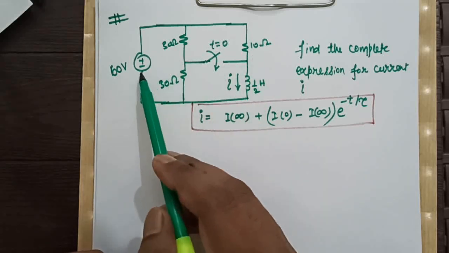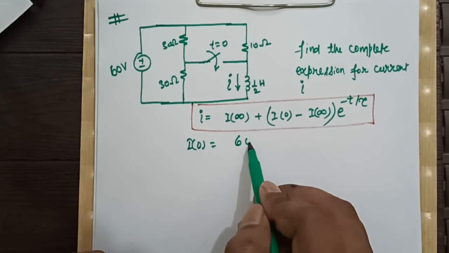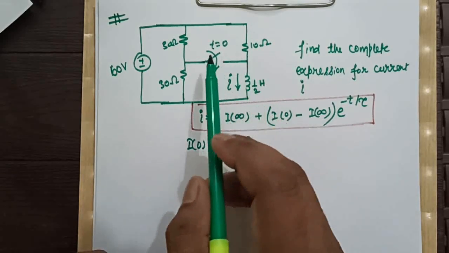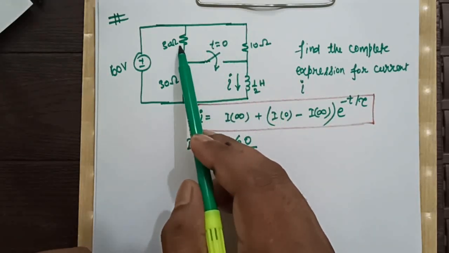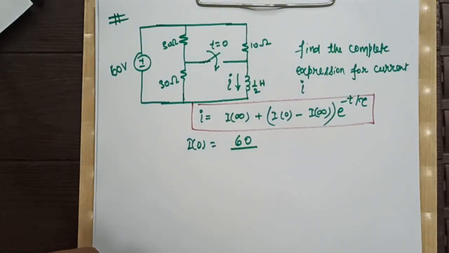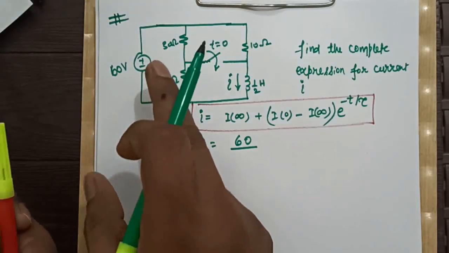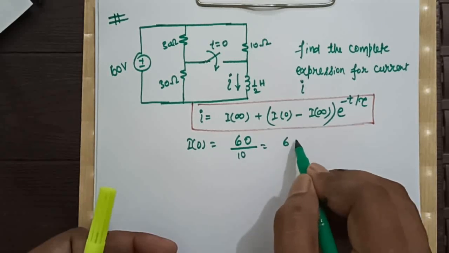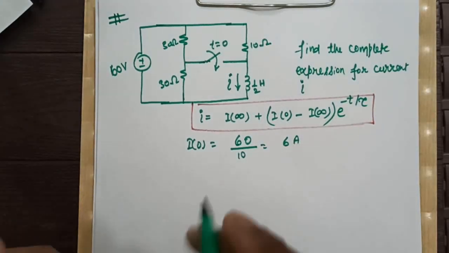So I naught will be what? 60 volts, since it was acting like a short circuit. So this voltage divided by this resistance. This voltage is what? 60 volt. 60 divided by resistance, which is 10, means 6 ampere. And 6 ampere was the initial current.